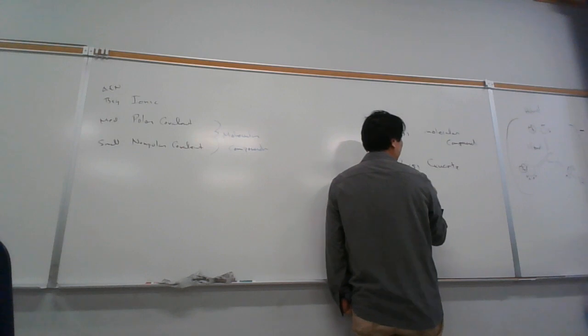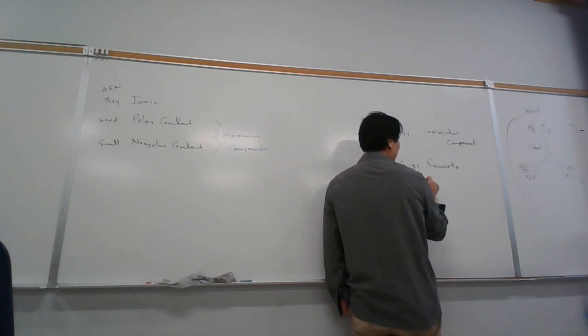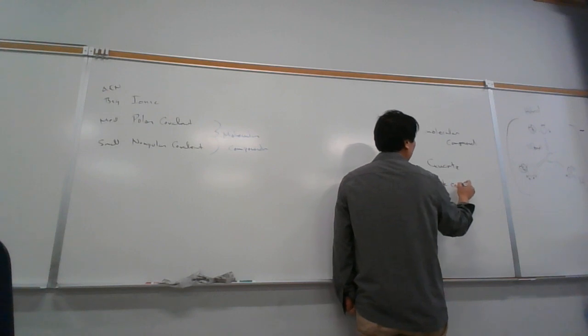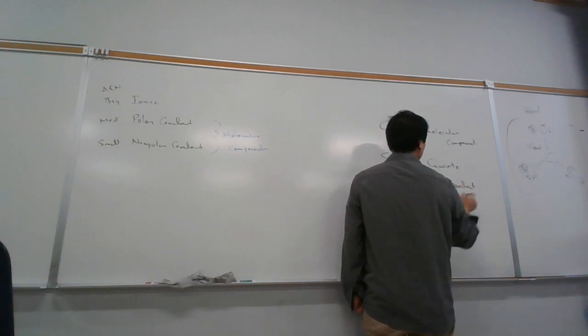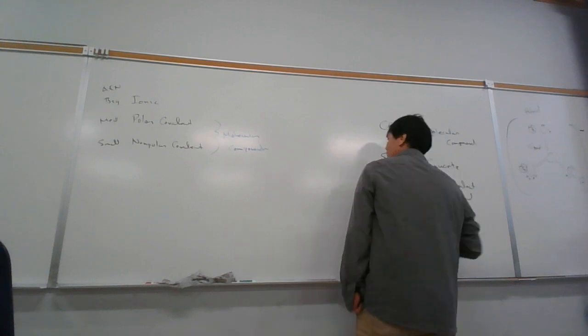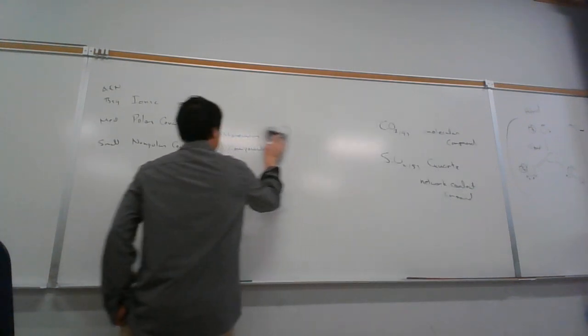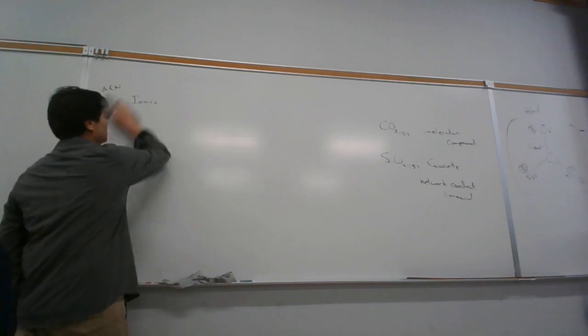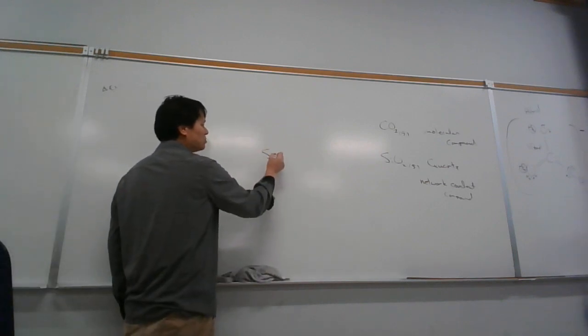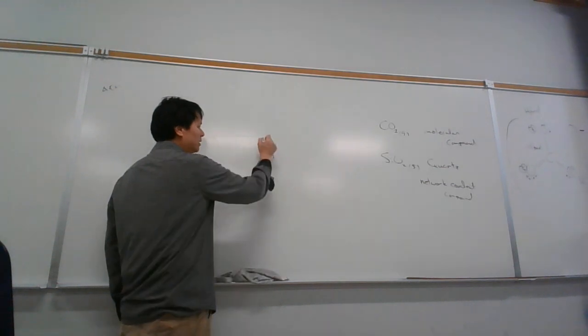But SiO2 is not. SiO2 is called a network covalent compound. And so it doesn't form molecules. What it forms is a lattice. And it's a lattice that's held together by covalent bonds rather than a lattice held together by ionic bonds.